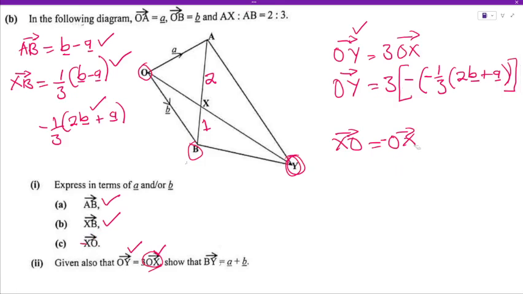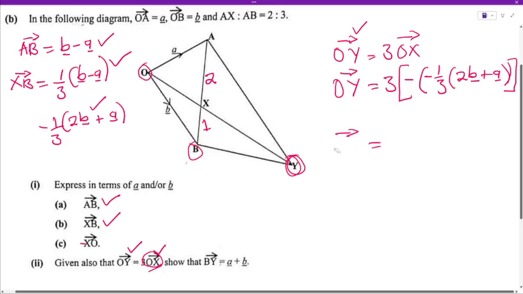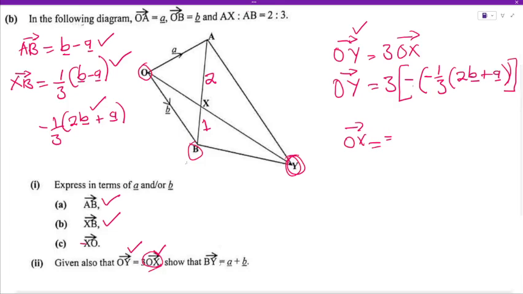So meaning our OX will be equal to, we multiply this sign with that sign to make it a positive. So it's going to be 3, open bracket, 1 over 3, open bracket again, 2 vector b plus vector a. Then we can simply expand to find the actual value for OX.